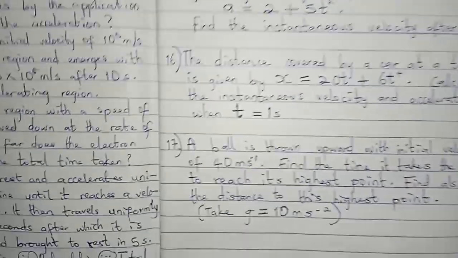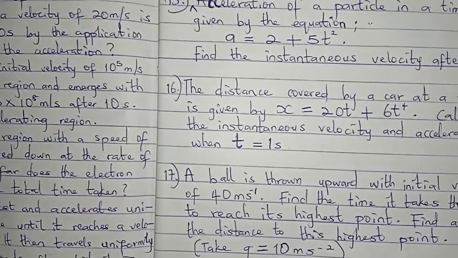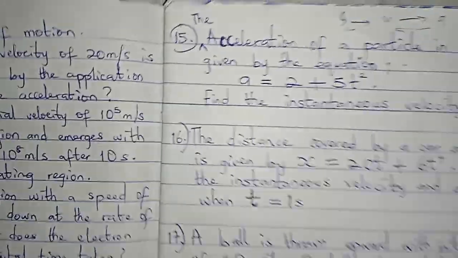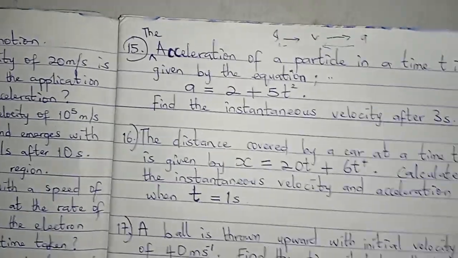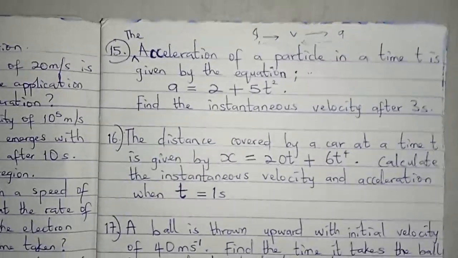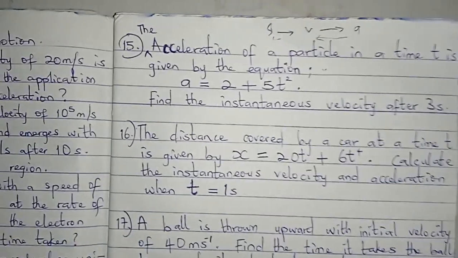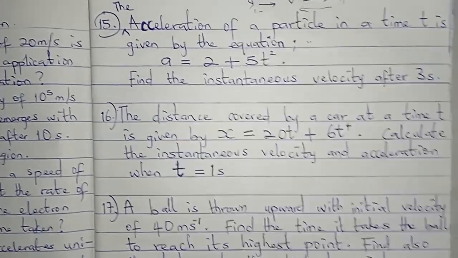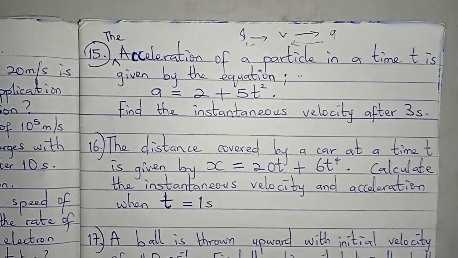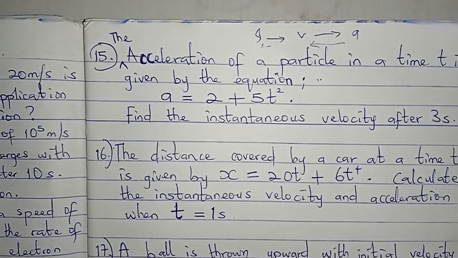So let's move to question 16. 16 says the distance covered by a car at a time t is given by 20t plus 6t raised to power 4.